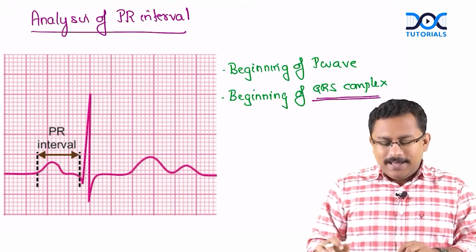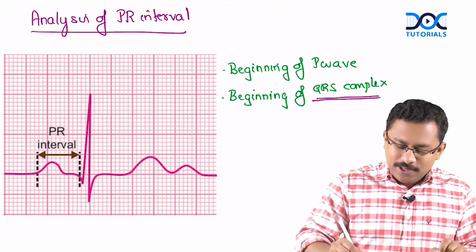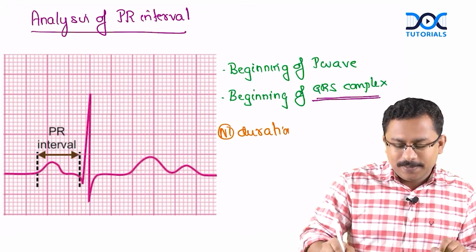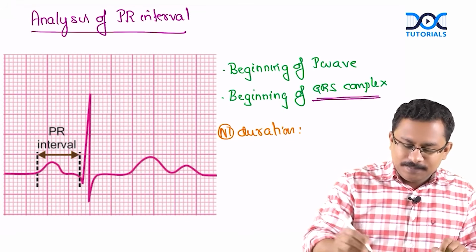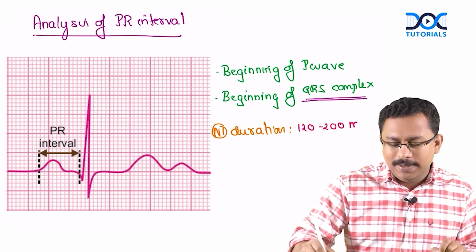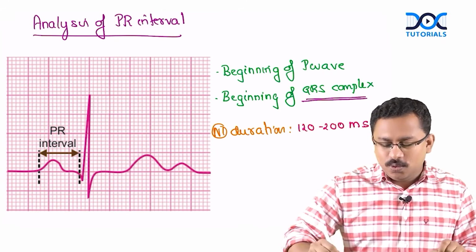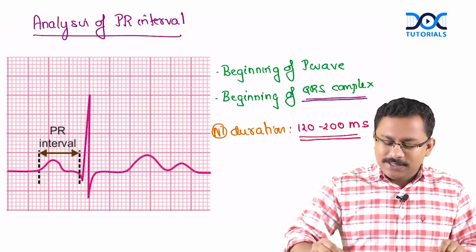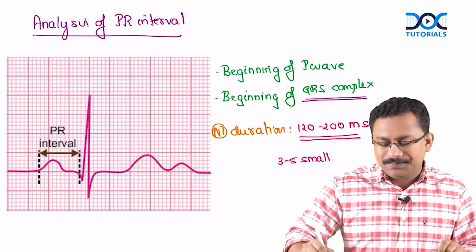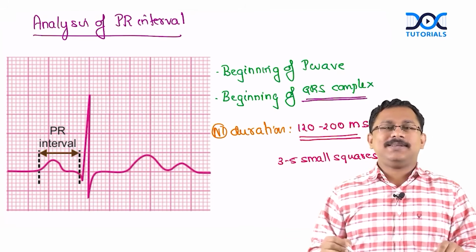Now the normal duration of the PR interval is 120 to 200 milliseconds, which is equivalent to 3 to 5 small squares.